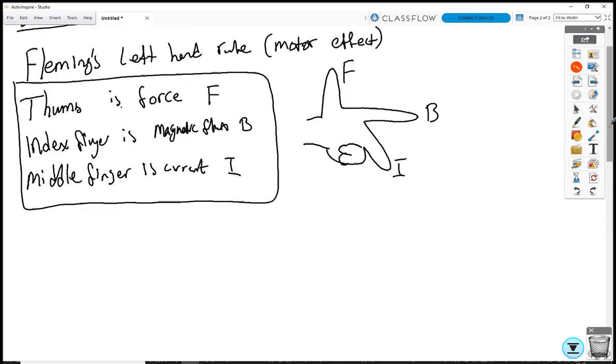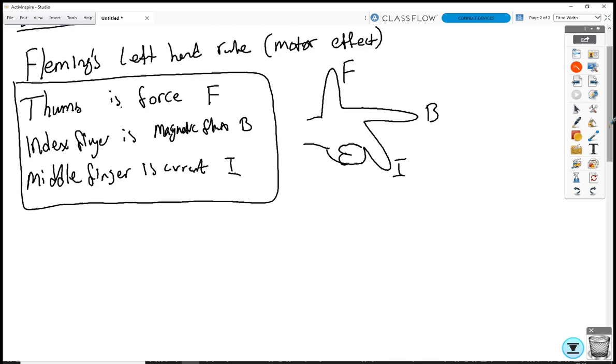Now, let's think of a situation. What happens if the current and the magnetic field lines are parallel? Well, our B and our I fingers don't point parallel to each other, so therefore there's no force, because it cannot be done with Fleming's left-hand rule. So if 2 of these things are parallel to each other, then there is no force. So F, B, and I must be at 90 degrees to each other.